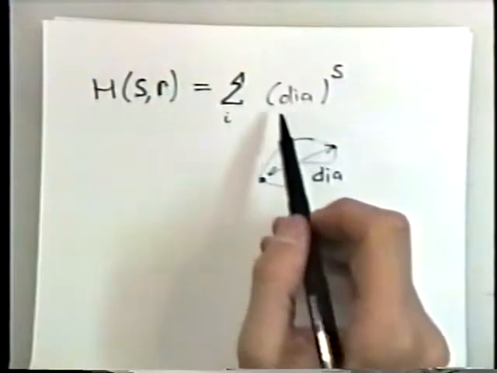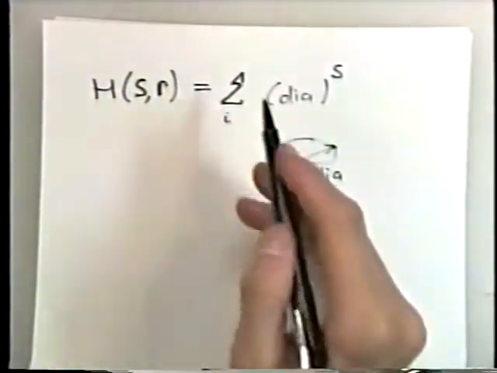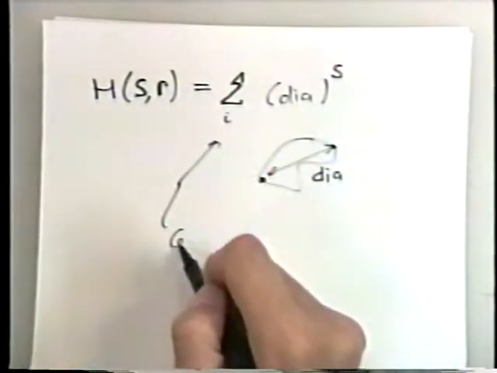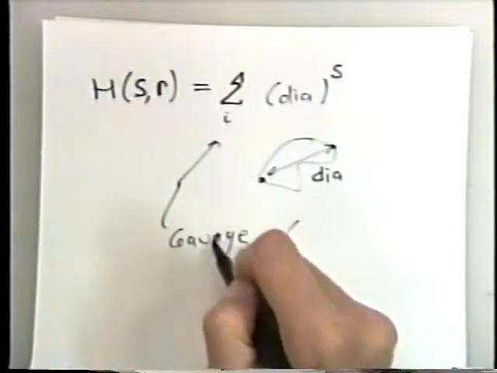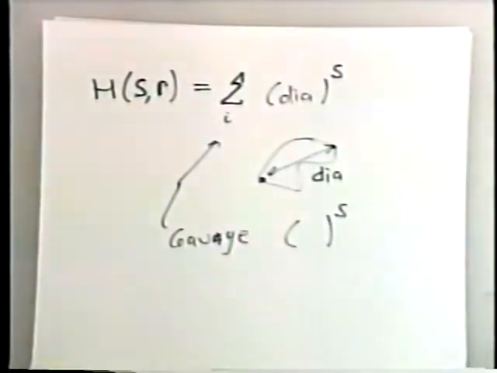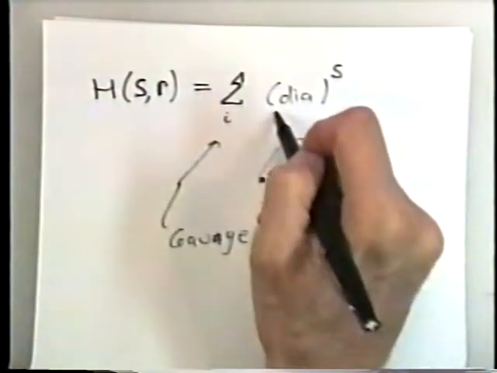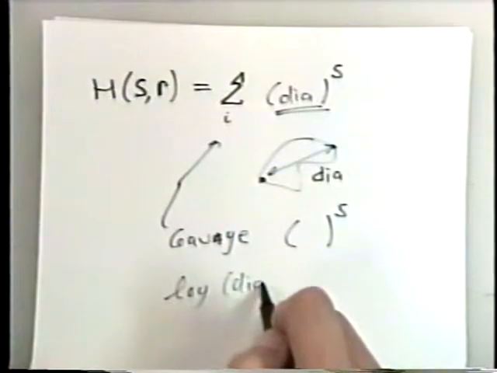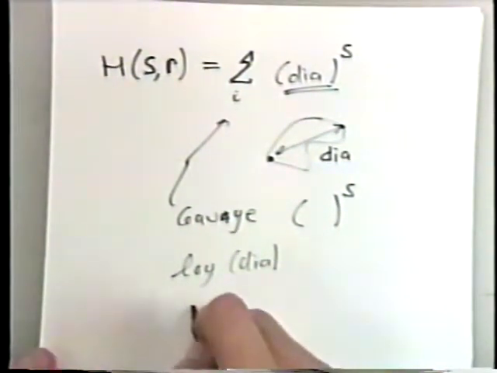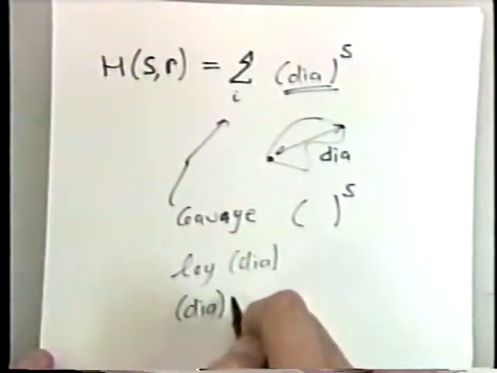Okay. So this function, this useful thing, is called a gauge function. That is, what we're doing is we're taking something and raising it to some power. We could have done anything to the diameter of these sets. We could have taken the logarithms of the diameters, or we could have taken the diameters and squared them.